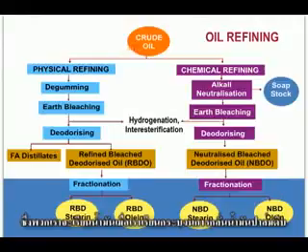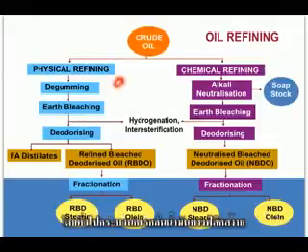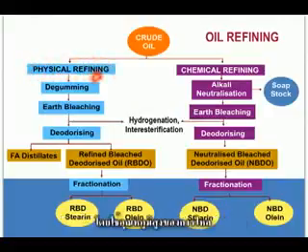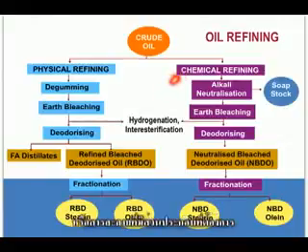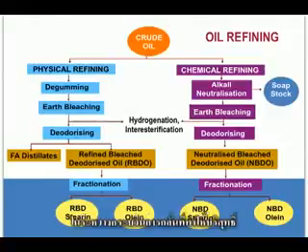Then for the refining process, in general, we can divide the process into physical refining, basically by using high temperature steam distillation, and chemical refining, which uses chemicals, by using alkali or the caustic solution, to remove the components that need to be removed during the refining process.